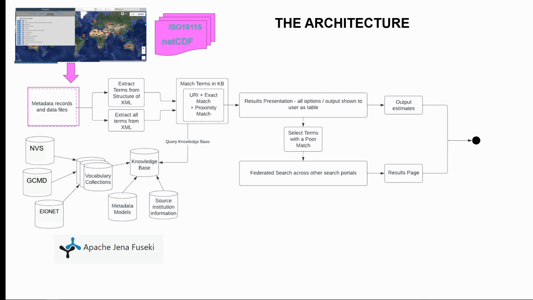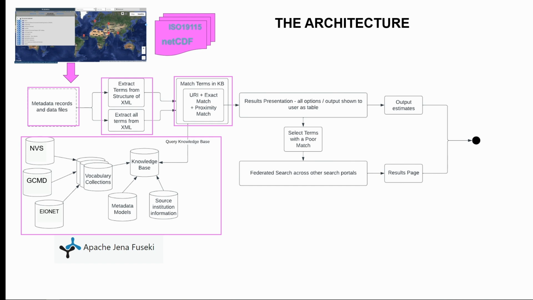When they are received, the Semantic Analyser extracts terms from the structure of the XML or from the NetCDF, and it tries to match them with terms that are in the knowledge base. I'll talk about the knowledge base in the next slide. So the knowledge base has a lot of terminologies that we thought are, and we were told are, relevant to the data sets that we were studying.